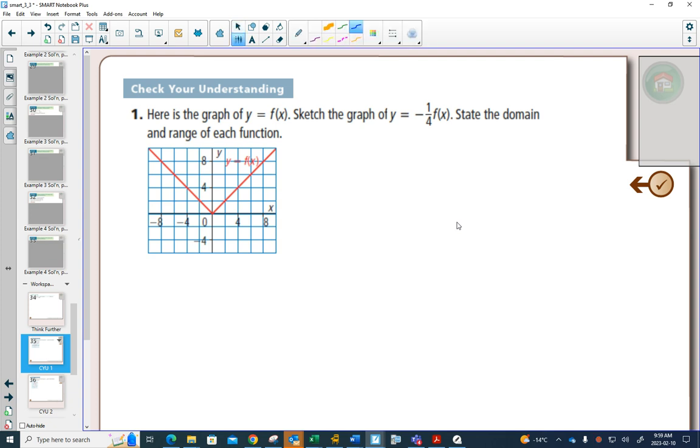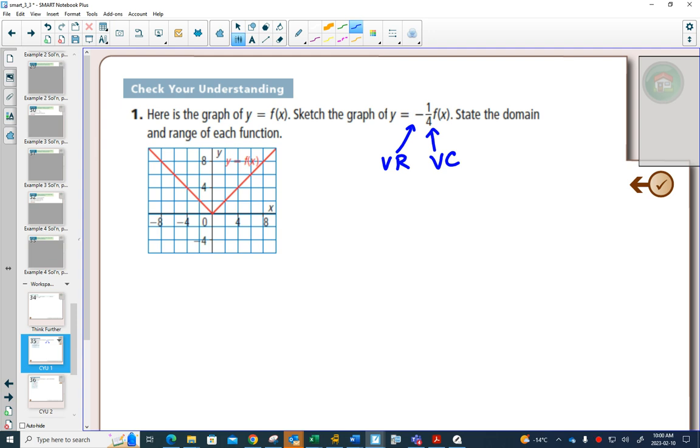So what we're going to start doing as we add more and more things to our graph is we are going to start labeling what we see. This is outside. I'm going to label that negative as a vertical reflection. V for vertical, R for reflection. And the 1/4 will be a vertical compression.